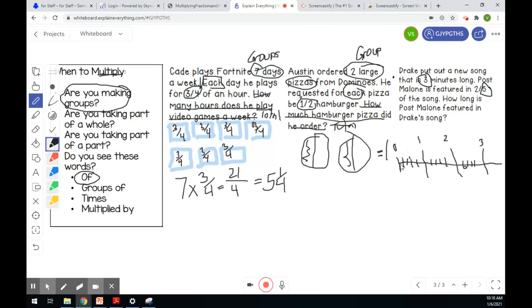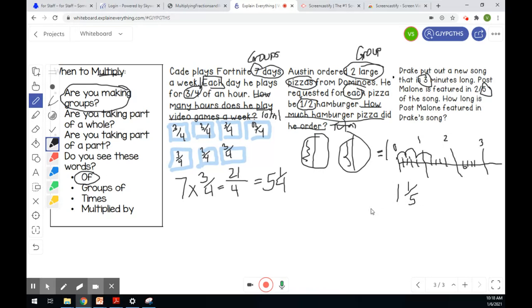Now I'm going to start from 0 and skip count 2/5. So 1, 2, 3. So I'm at 1 1/5.